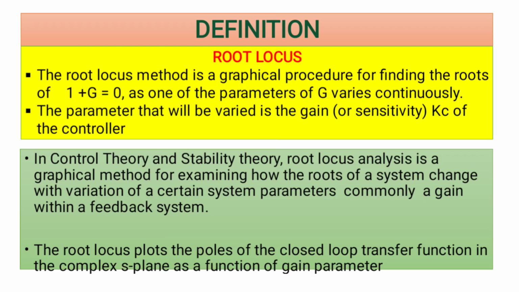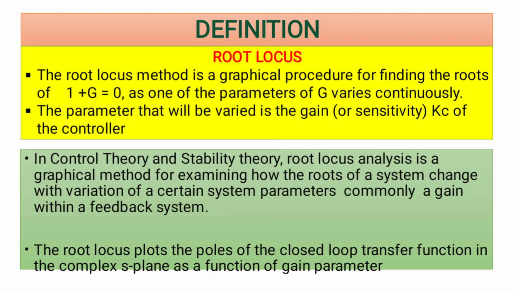So now let us recall the concept of root locus. For an open loop system, the root locus method is a graphical procedure for finding the roots of the characteristic equation. The characteristic equation is 1 plus G equal to 0. Here G is the product of all the transfer functions connected in the loop, that is G1, G2 and so on.